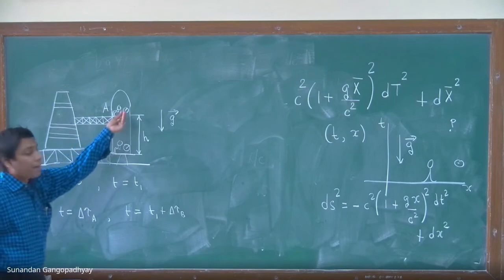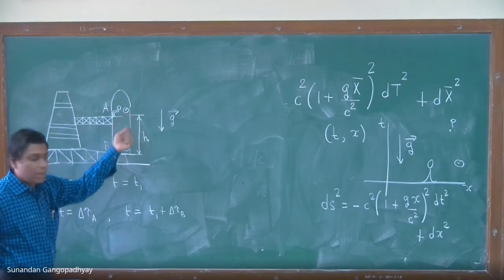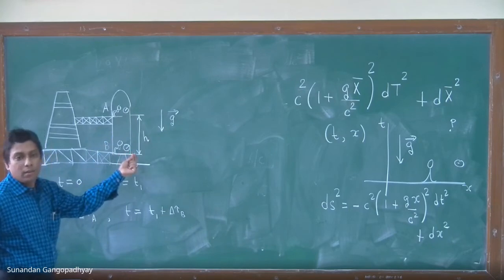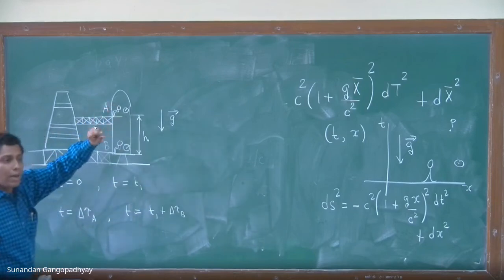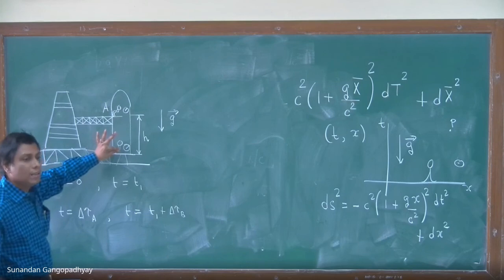So the rate at which he is sending the signals, he is not receiving the signals at the same rate. You can see that the time interval at which he is sending the signals, he is not getting the signals at the same time interval.